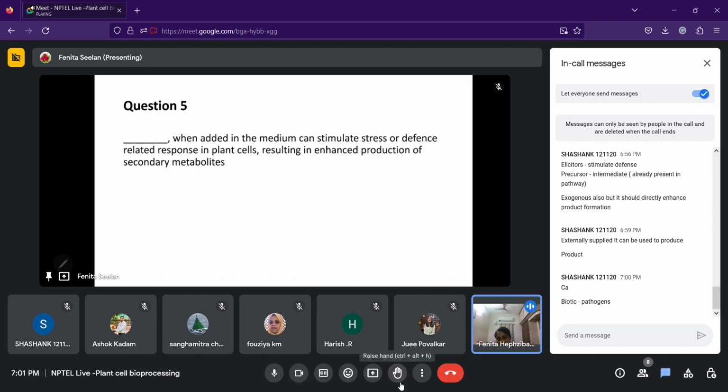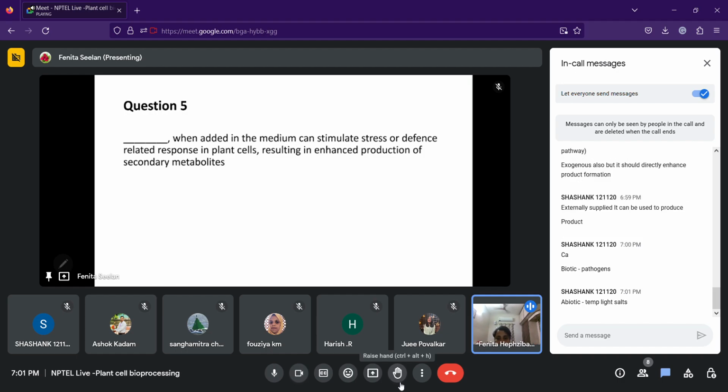Yes, when a pathogen is trying to get into your plant system, they may produce some compounds which will cause the defense mechanism to start in your plant system, that indirectly or directly causes improved production of your secondary metabolites which will act on the particular organism, right? So like Sashank is answering abiotic: yes, temperature, light, salt, UV, sonication, all those things will come under abiotic.